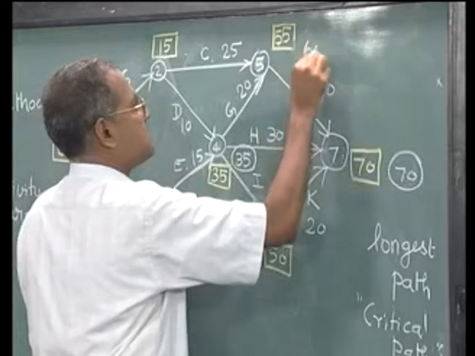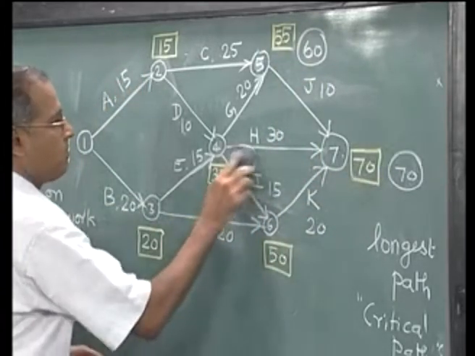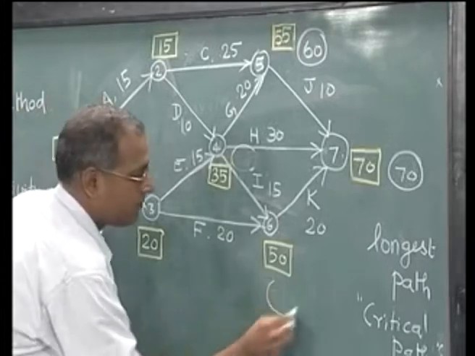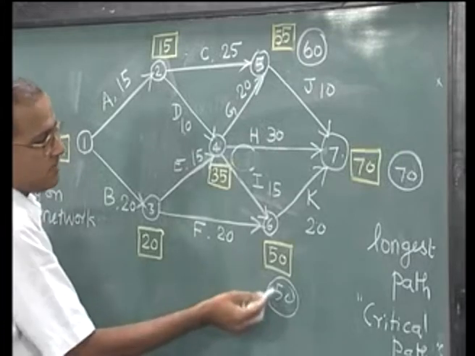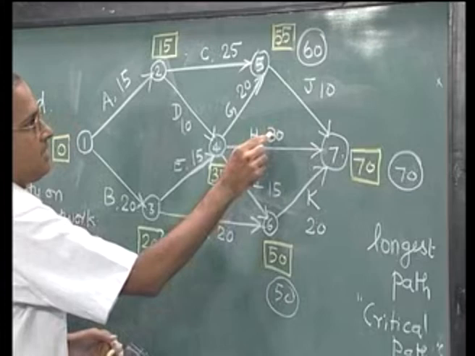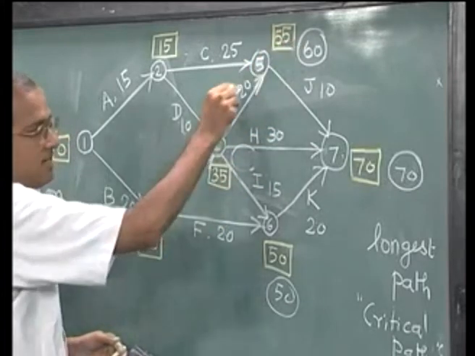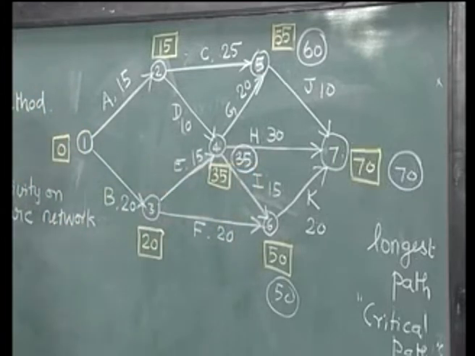So, this becomes 60, this becomes 50, 70 minus 20 is 50, this is 50 minus 15, 35, 70 minus 30 is 40, 60 minus 20 is 40. So, the smaller one comes here as 35.